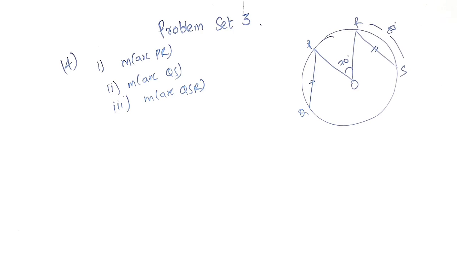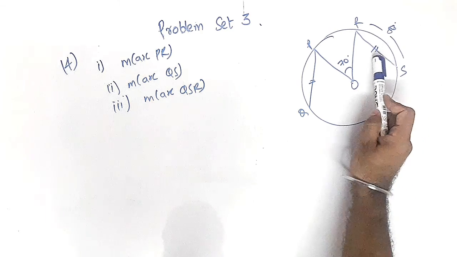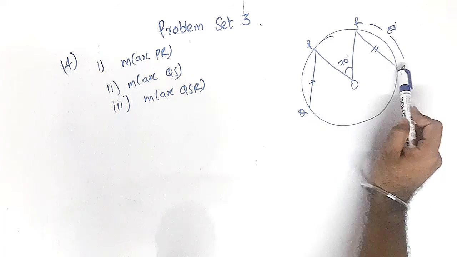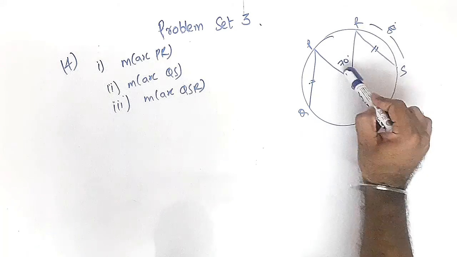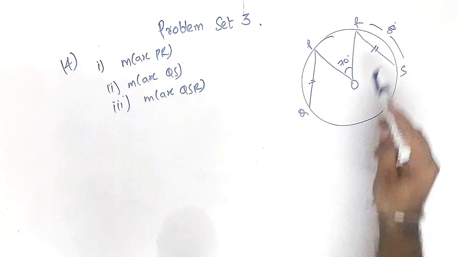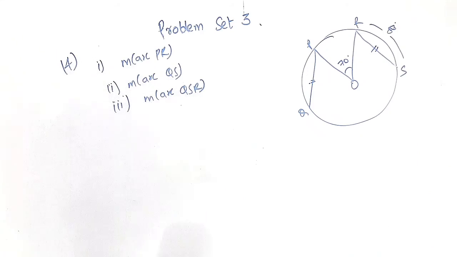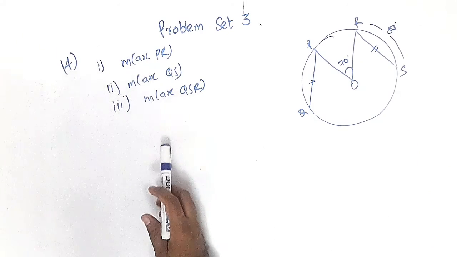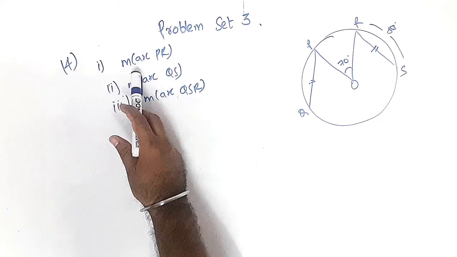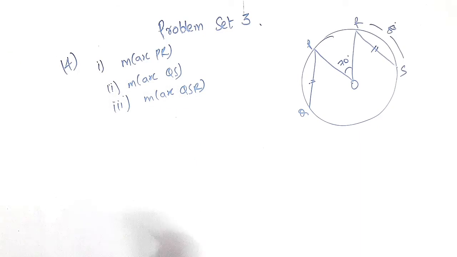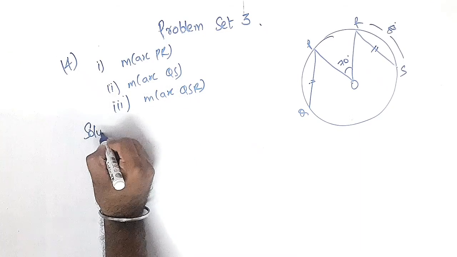Coming to sum number 14, you can see these two chords are congruent. Angle POR is given as 70 degrees and arc RS is given as 80 degrees. With this much information we have to find these three things. Let us start with the first one, measure arc QR. It is very easy.